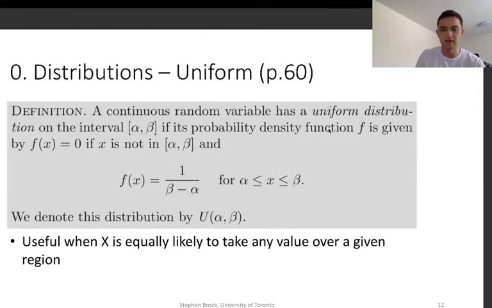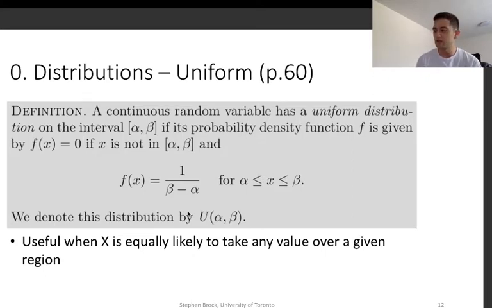So what it's saying is that it follows a uniform distribution on a particular interval, and any other possible x value outside the interval is equal to 0. So we denote the distribution by U of alpha beta, and uniform distributions are useful when x is equally likely to take any value over a given region.